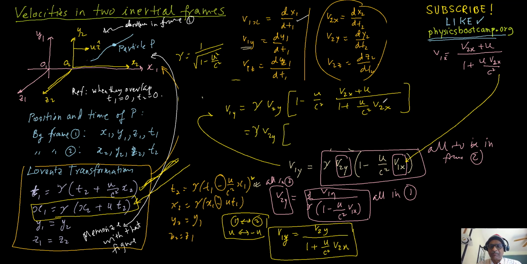So have this whole thing multiplied by that guy, and so your denominator is 1 plus u over c squared v2x, which is kind of like that. And then you have a 1 minus u over c squared v2x, I mean this 1 plus this guy with 1 v2x, and then minus u over c squared v2x minus u squared over c squared from this multiplying.